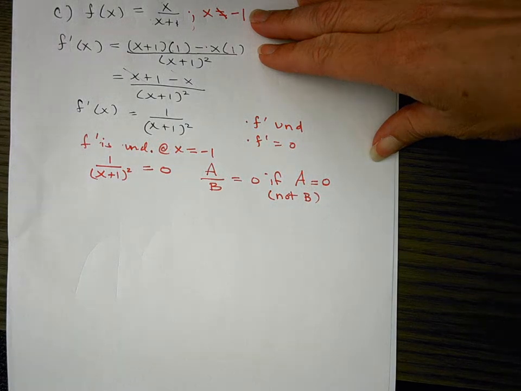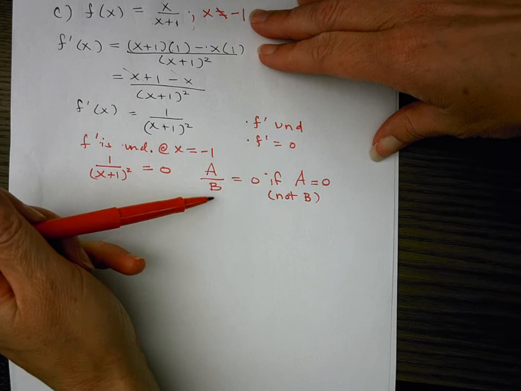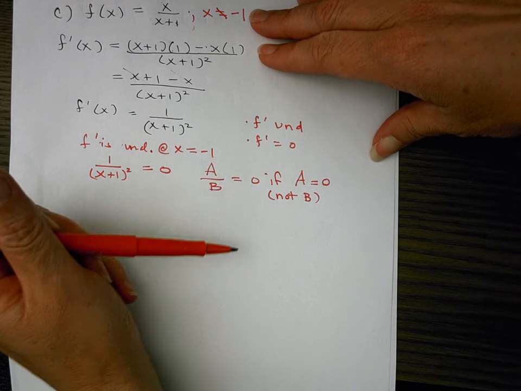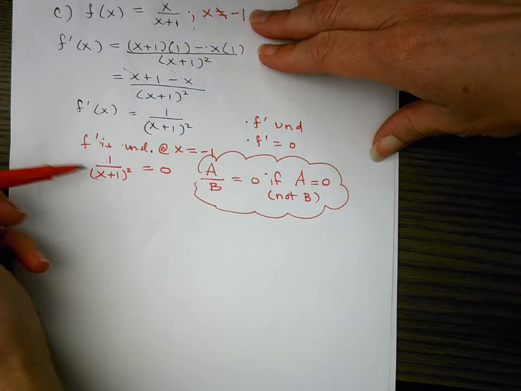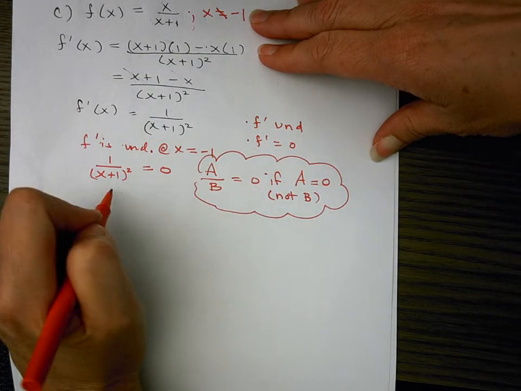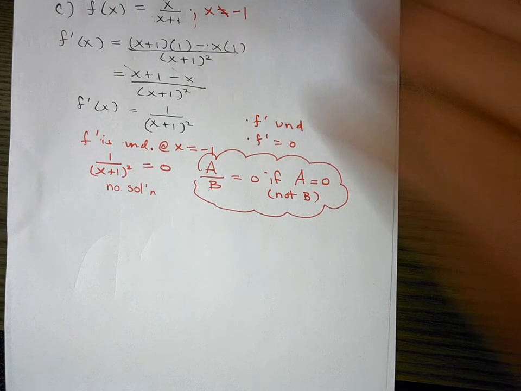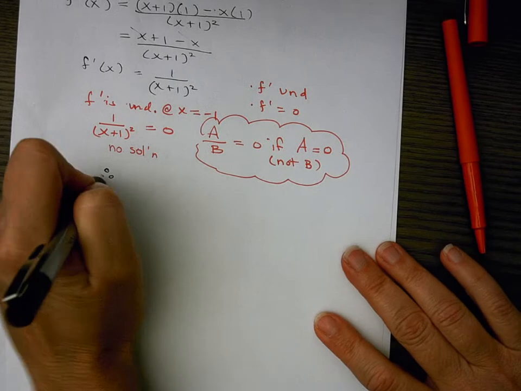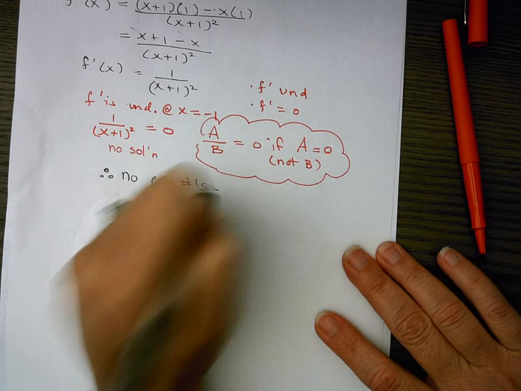If b was 0, then that would be undefined. If they were both 0, that would be indeterminate. So the only way for a fraction to equal 0 is if the numerator is 0. Well, the numerator is not 0, it's 1. So this would have no solution here also. So our conclusion is there would be no critical numbers.